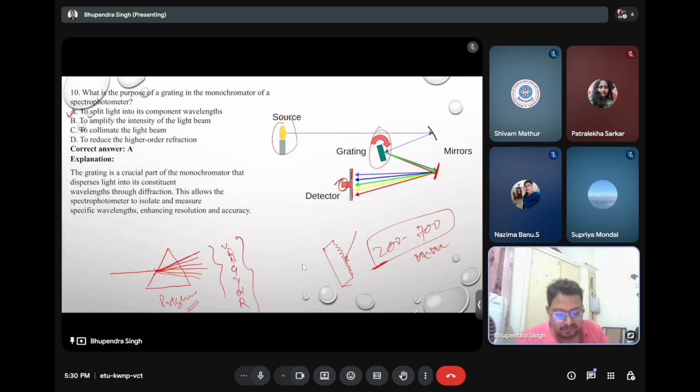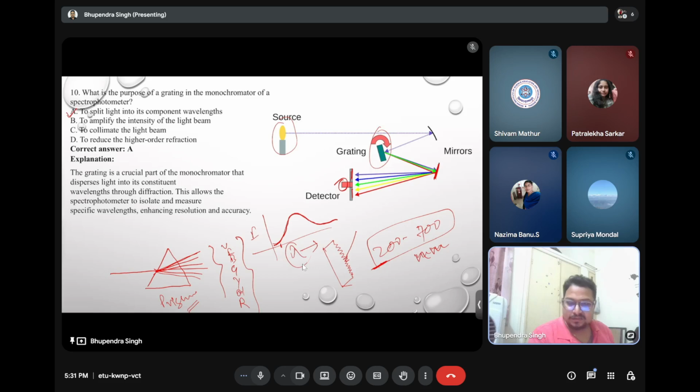This is for your absorption from here to here. This is intensity, this is lambda. If all the light is being observed by the detector at one time, you will not get this beautiful absorption band, the absorption spectrum, because at every point you are not measuring only this wavelength, you are measuring all the wavelengths.